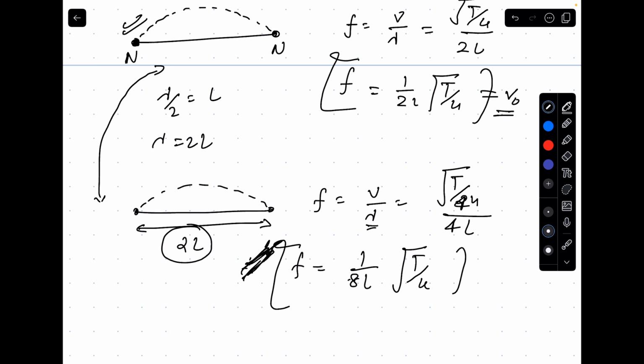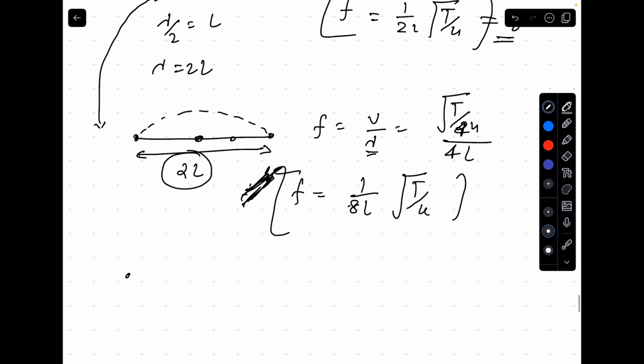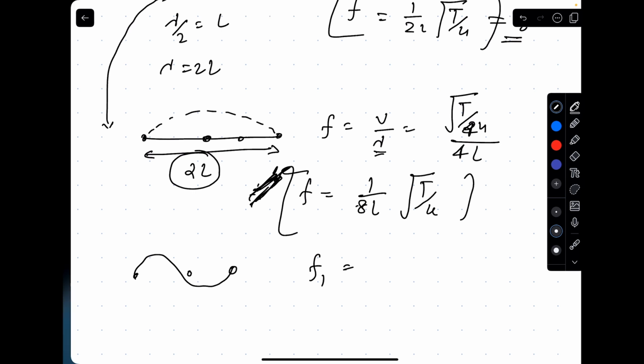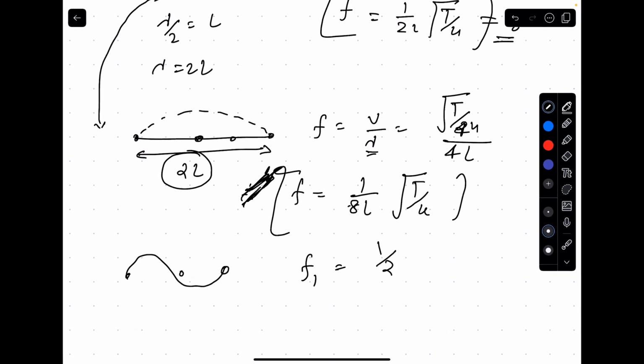So if I keep on increasing, then there will be one more node over here, one more node. This is how I will keep on increasing the frequency. So look, if I take one node in between, then the string will be like this. Then the frequency of this, let's call it first overtone, so then F1 is 1 by 2 root T by mu.